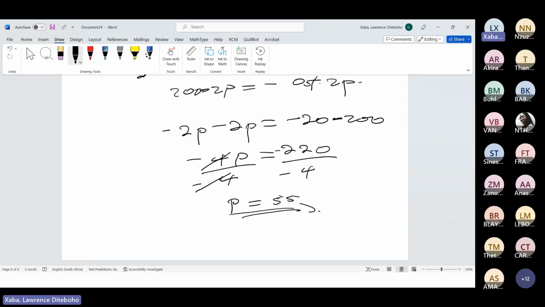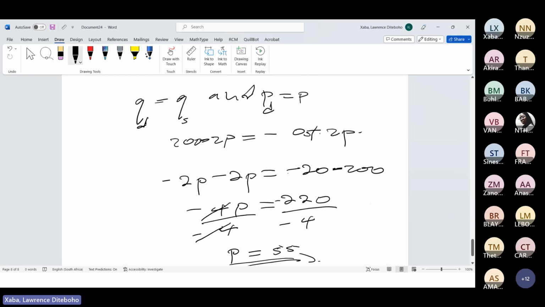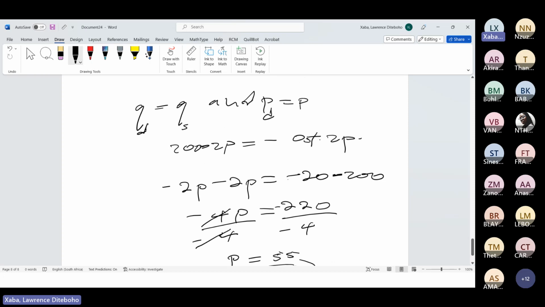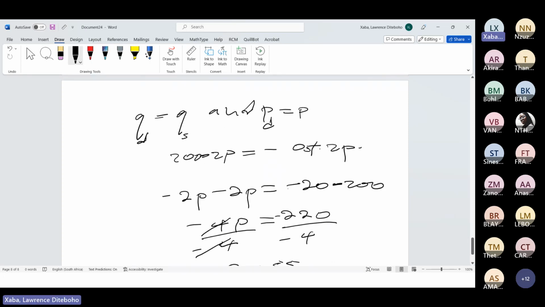We have 55 there. No, I made a mistake, which is Q. It's not P. Q is the dependent. Okay. Just a minute. I want to confirm something here.